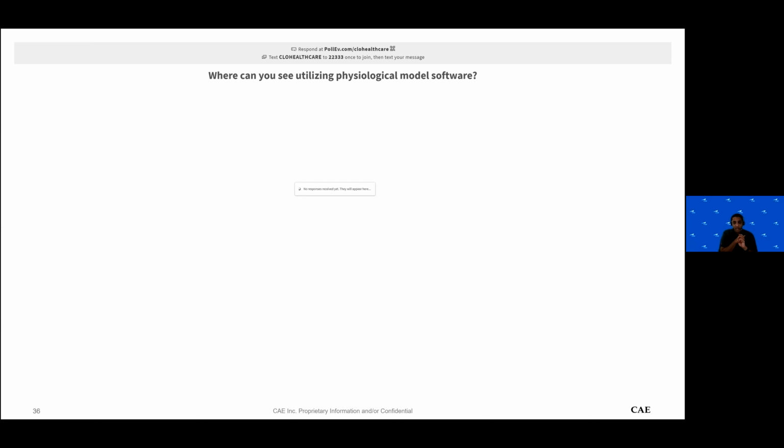You joined us today because of curiosity or interest in next steps. I'm seeing ECMO, which is a great example of education and training using physiological modeling software. There's a lot of potential here for the software to be utilized by your teams, whether you're virtual instructor-led, self-directed, or doing in-person training.